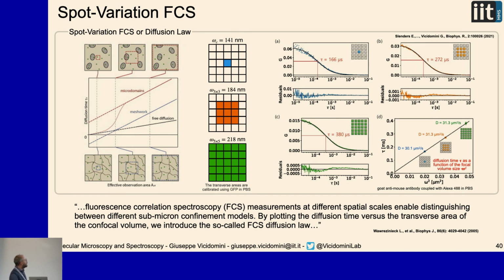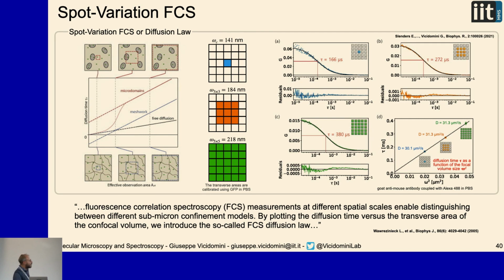If the intercept is positive, you have a completely different modality, which is microdomain. So you have a sort of constraint: your molecule is freely diffusing in a region and then jumps into another one. Or you have a meshwork, and that's a negative intercept. While if you have a positive intercept, it's microdomain, which means that your molecule is binding to some specific region and then releasing. So anyway, you can understand much more from a single measurement.